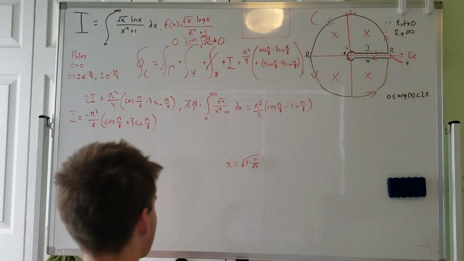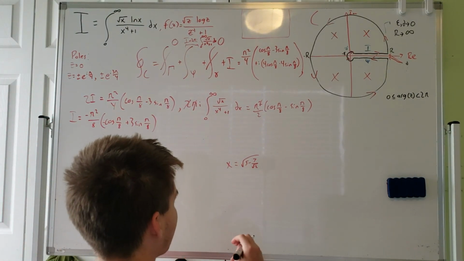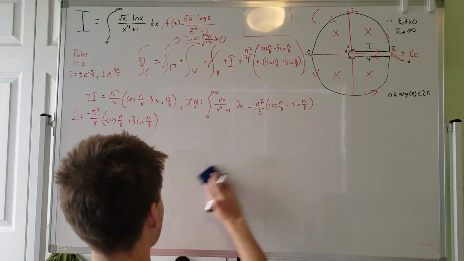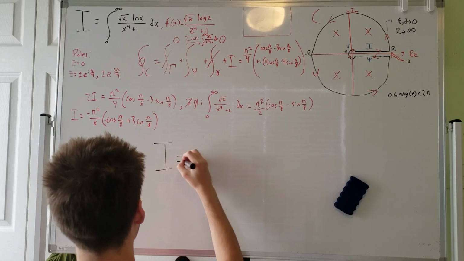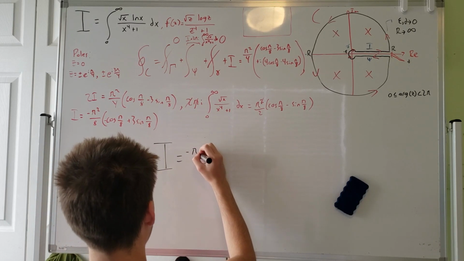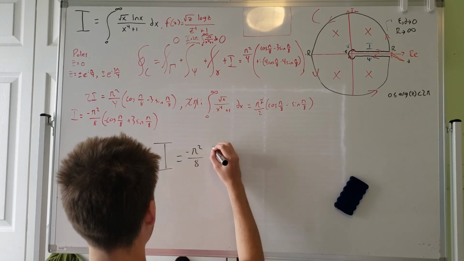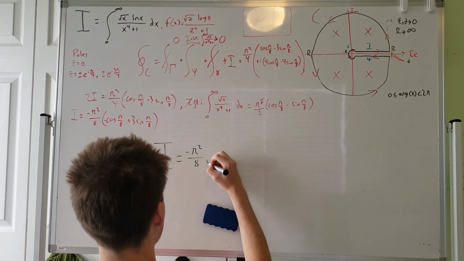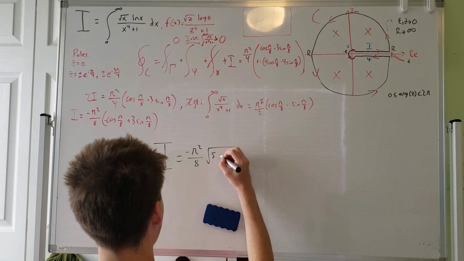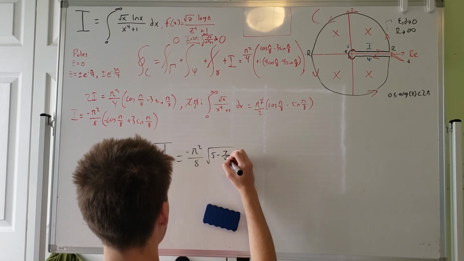Finally, okay. So, I wrote this in an inopportune place. So, our target integral I is equal to negative pi squared over 8 times the square root of 5 minus 7 over root 2.